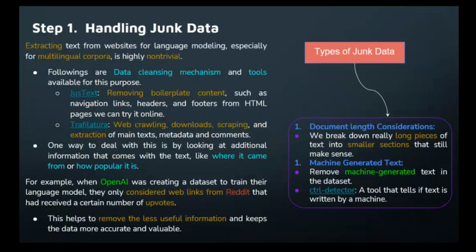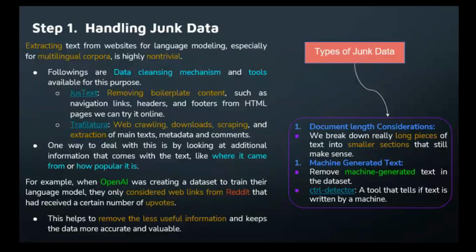We are basically talking about some tools like JusText and Text Filter, basically used to remove the boilerplate content from the whole dataset, and Text Filter is basically used for dataset collection as well as cleaning. So it performs web crawling, downloads data from the internet, and also performs scraping to extract the data, and then it performs the cleaning process as well.